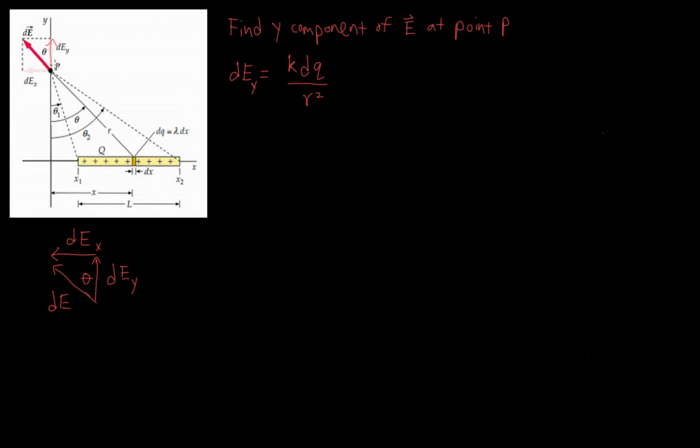And this angle right here is just the same angle right here that's pointing opposite to this angle. And so if we recall back, we know that the cosine of theta is equal to the adjacent side over the hypotenuse.